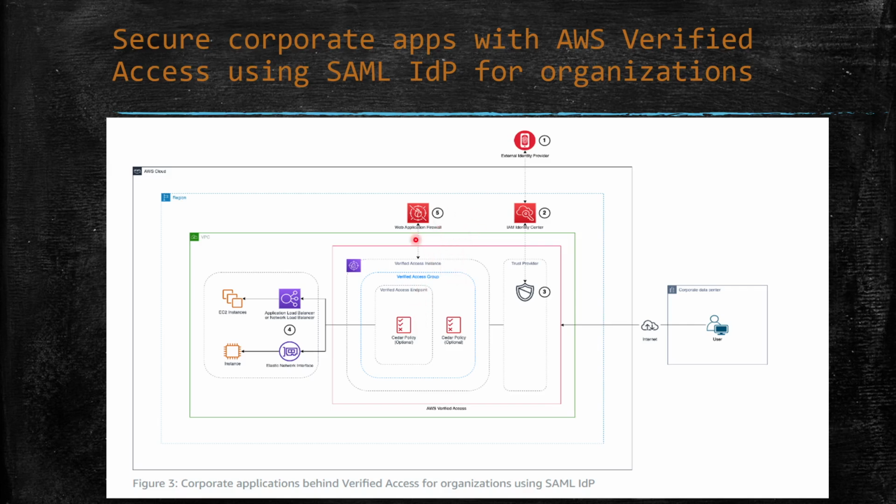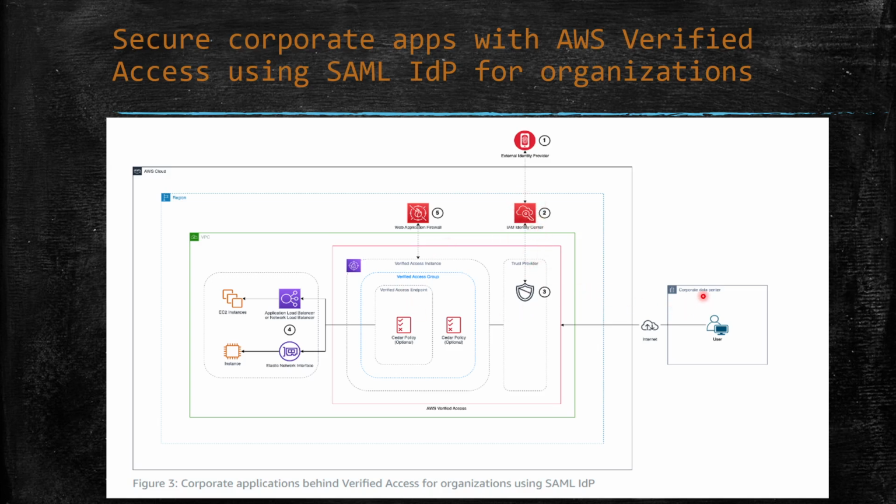On top of Verified Access, there is also a WAF deployed, so any traffic from the internet will have WAF protections. At the front end layer, it also comes with Identity Center. To connect to the application, say any financial application, users need to first authenticate using SAML authentication, and then it can load.